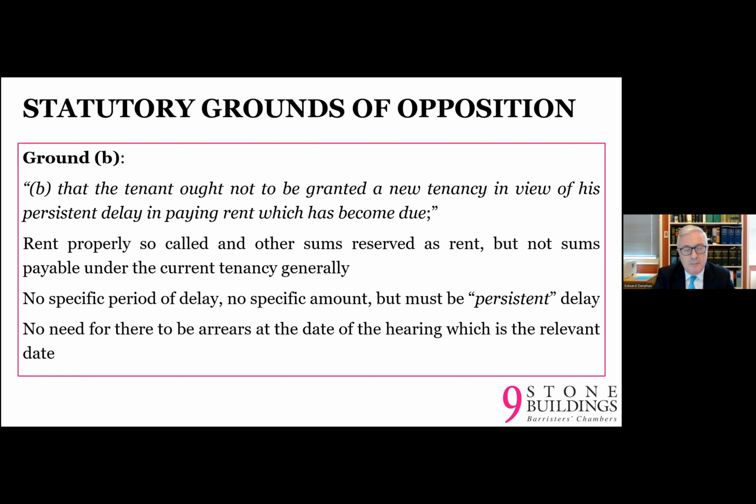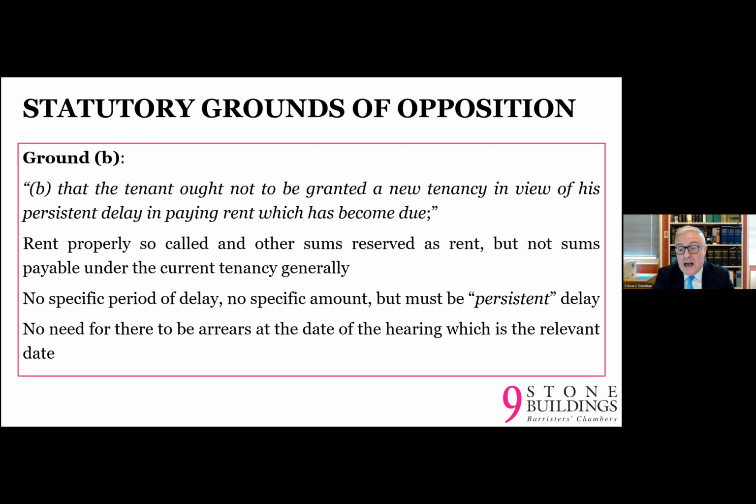But again, the court will look back and say, has there been a persistent delay in paying rent? Does this landlord have to keep chasing the tenant for the rent, sending dunning letters? That was said in one of the cases I remember relying upon a number of years ago. And if so, then it's not going to be fair in all the circumstances of the case to burden the landlord with this delinquent tenant going forward.